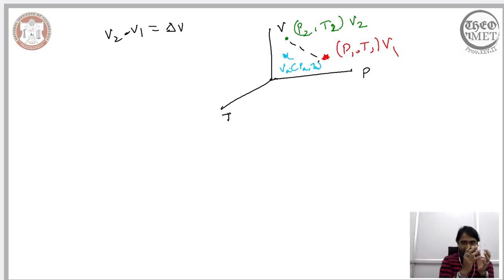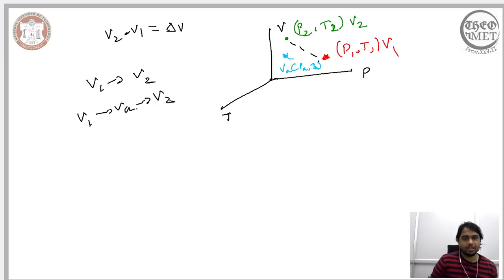We want to go to VA and then go to V2. Now V1 is associated with P1 and T1, VA with PA and TA, and V2 with P2 and T2. So instead of the system changing its state from V1 to V2, we have two changes: from V1 to VA and then VA to V2.